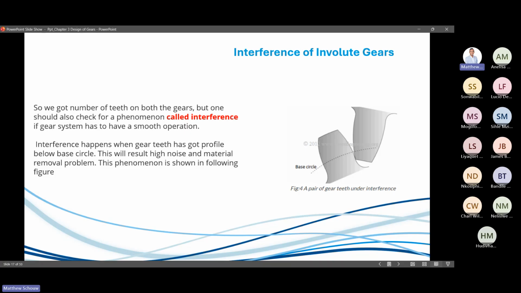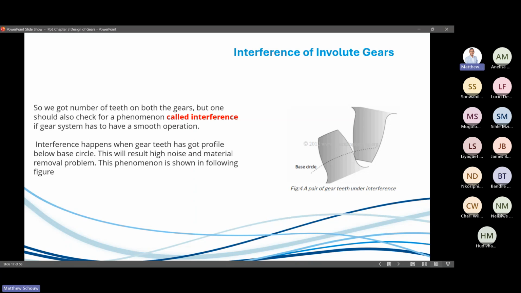So they're saying here, you've got a number of teeth on both gears, but one should also check for interference. What it basically is, as you can see, is when one tooth goes into the profile below the other one's base circle. Then we have two base circles. And when that happens, the signal is high noise and there's material removal.